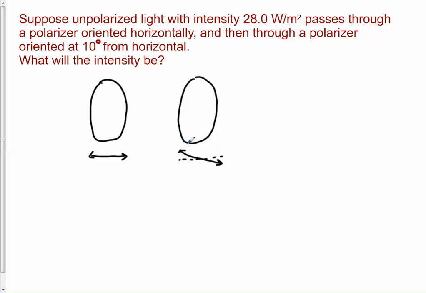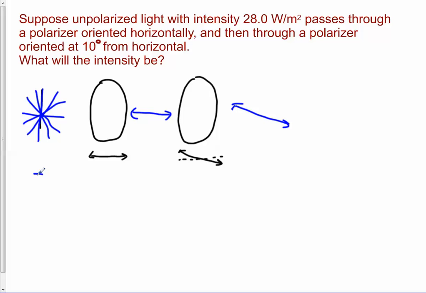And then this one, the molecules are different, and it's always going to only let light come through that is polarized 10 degrees to horizontal. So we start with unpolarized light coming in, and it comes through here, and now it's just going to look like this, and then it comes through here, and now it's going to be oriented that way.